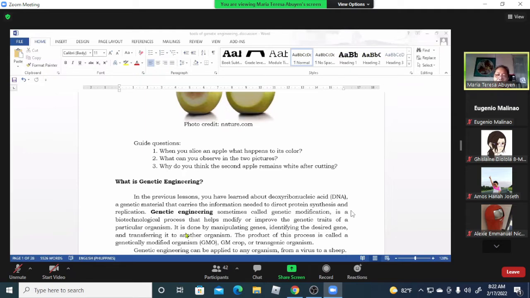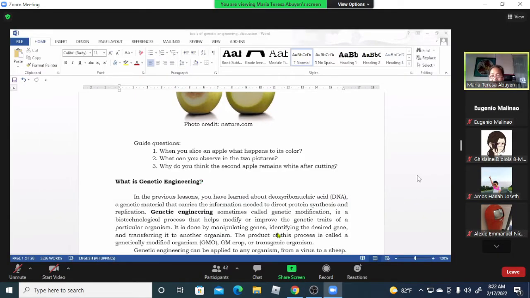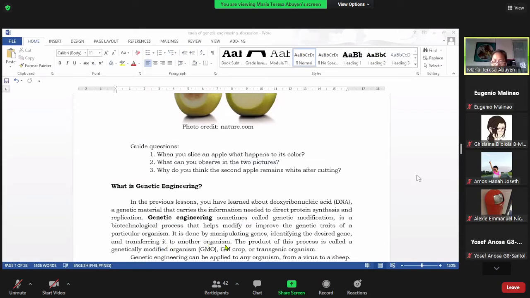Okay, so genetic engineering is done by manipulating genes, identifying the desired gene, and transferring it to another organism. Again, how is genetic engineering done? First, manipulate the genes.